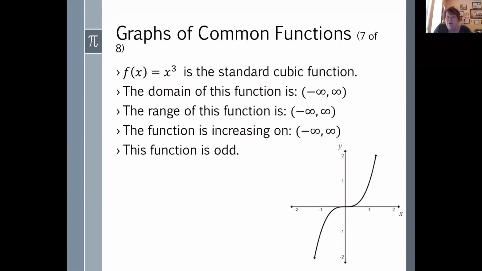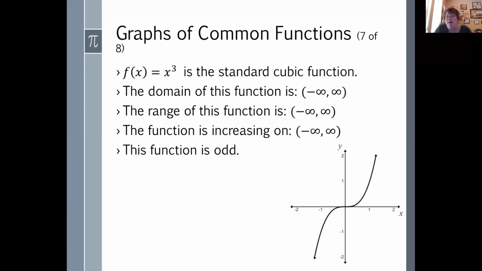The cubic function, the domain of the cubic function is the set of all real numbers, as is its range. You can input anything and you will output any real number. It's always increasing over its entire domain.